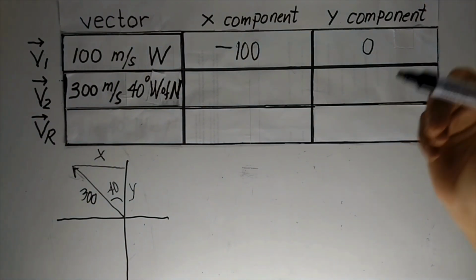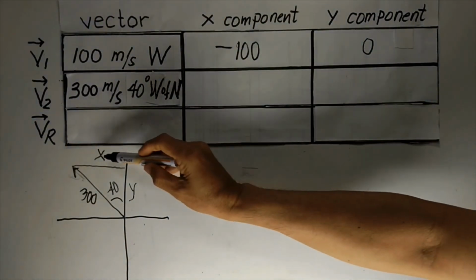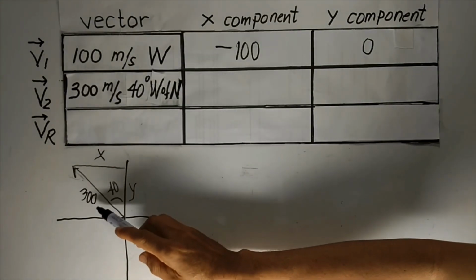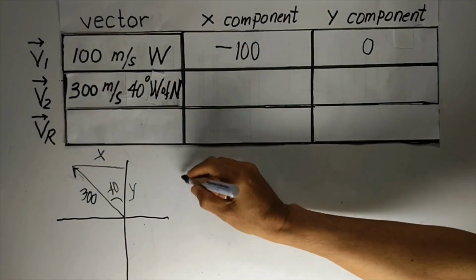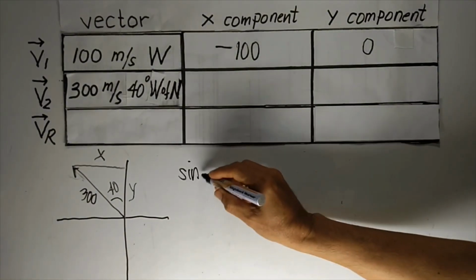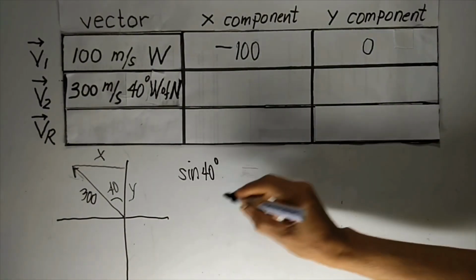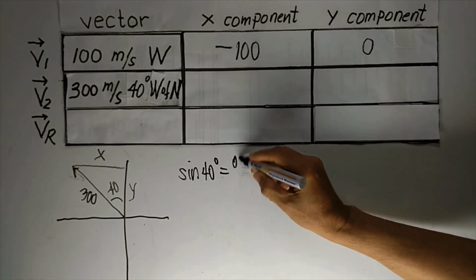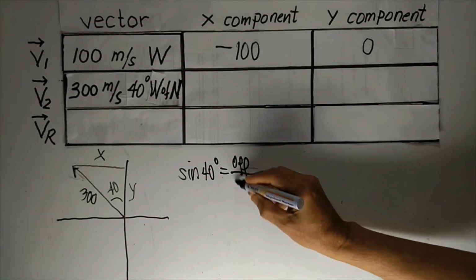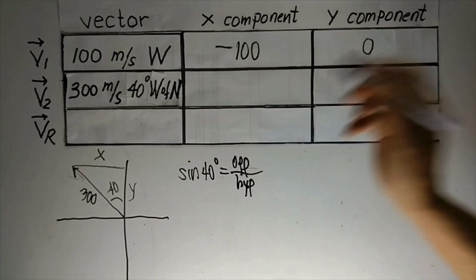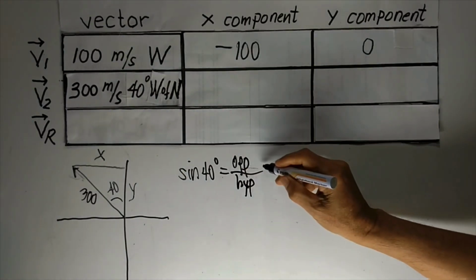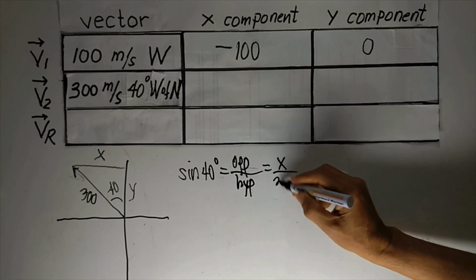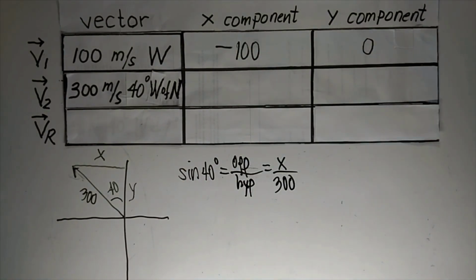So, for the x component, the x is opposite to the angle, and we have the hypotenuse, so we'll be using sine. Sine 40 degrees is equal to the opposite side divided by the hypotenuse, which is equal to x over 300.